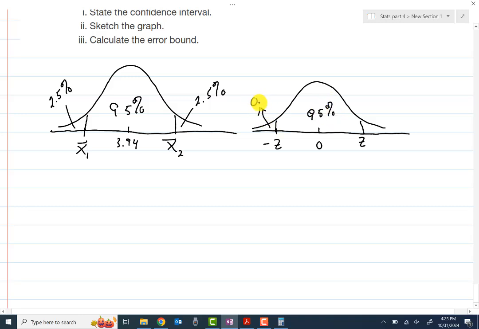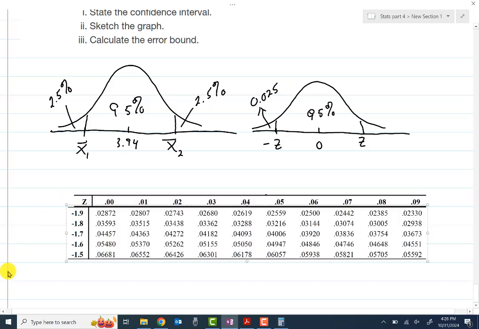We would go and try to find 0.025 in the table. Let me see how hard that is. Here's the relevant portion of the table. I saw 0.025 on it. Here, it's right here. It's actually in the table. So that's negative 1.96. That would make this one 1.96.